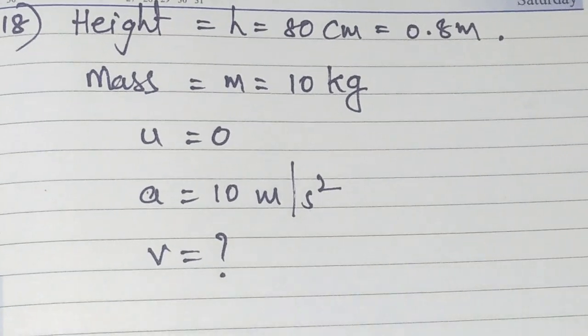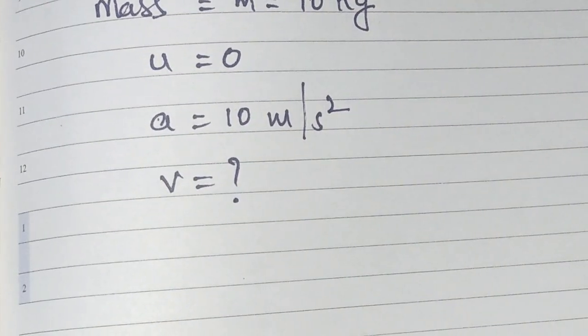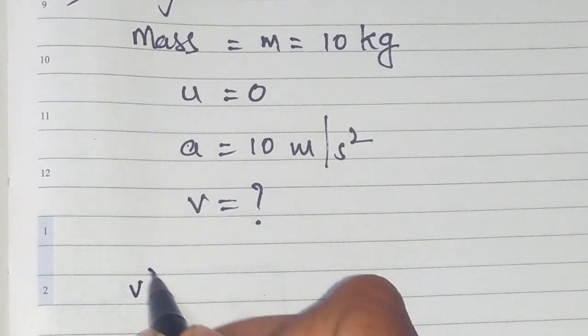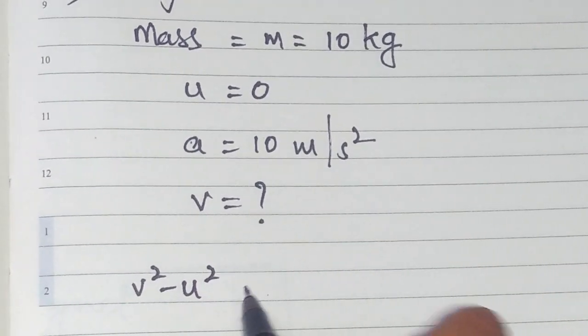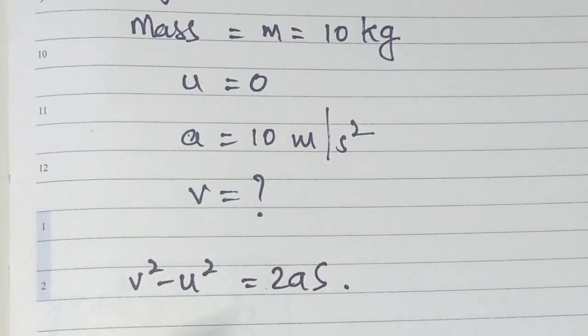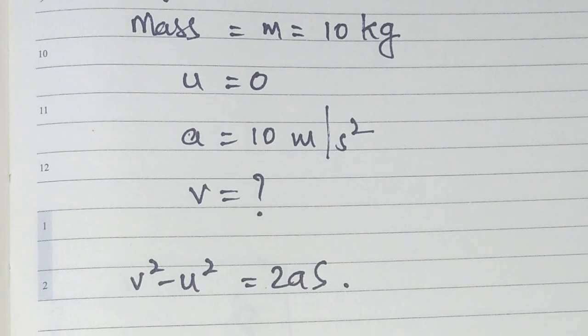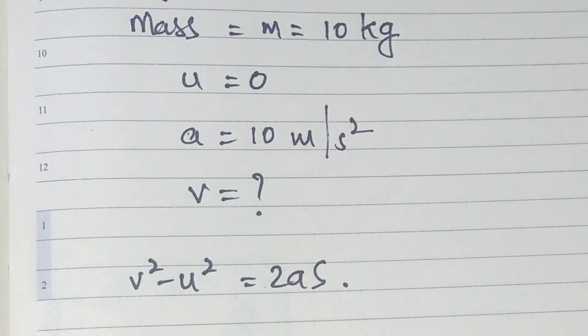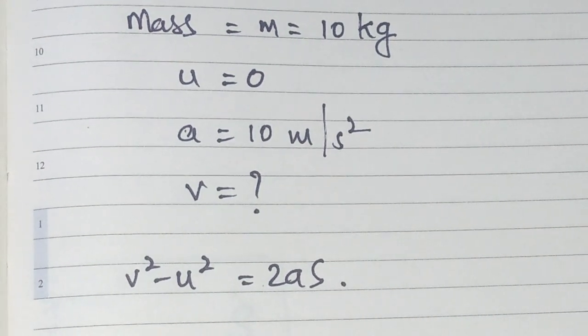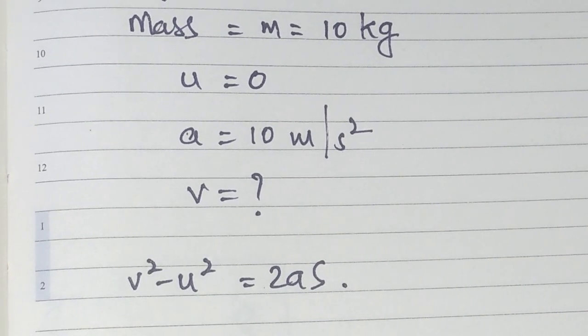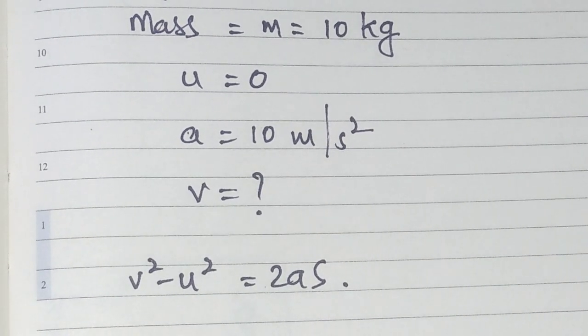Here we have a formula, if you remember, in our kinematic equations: the third equation, v square minus u square is equal to 2as. But where is s here? S is nothing but the distance traveled. Here we can take it as displacement, because it is traveling in straight line motion.